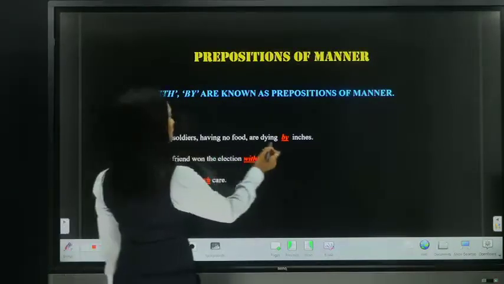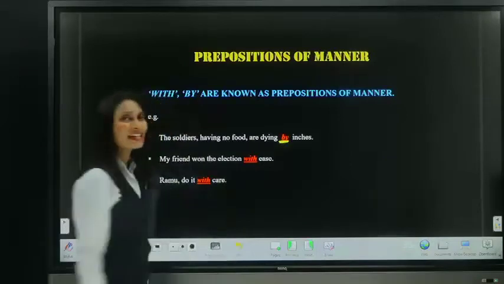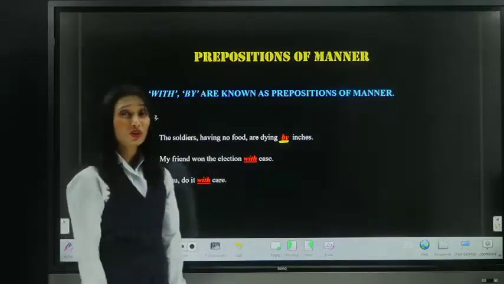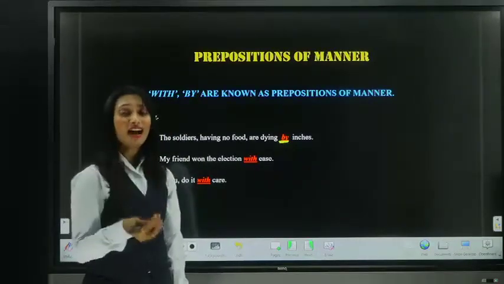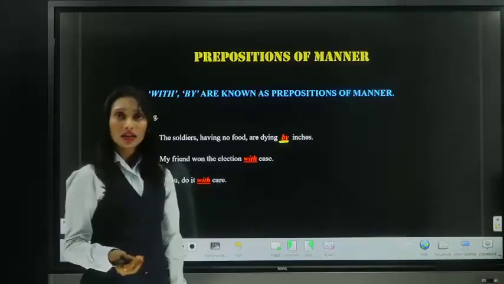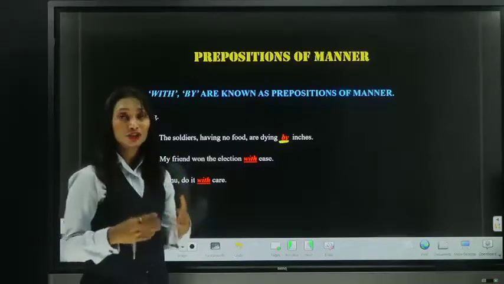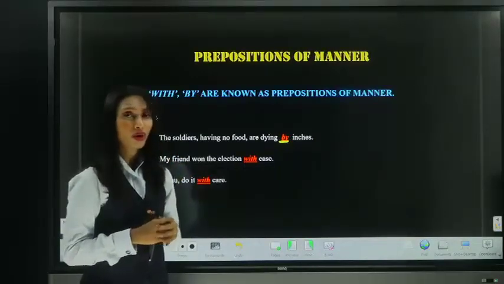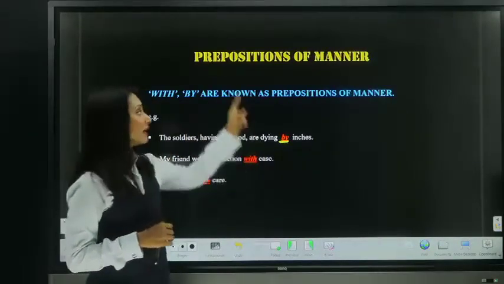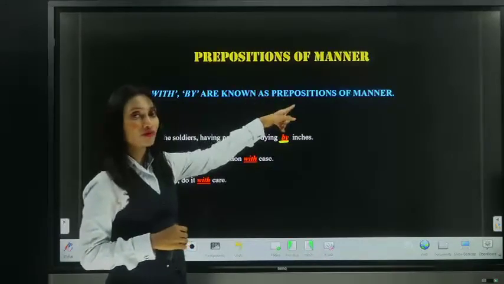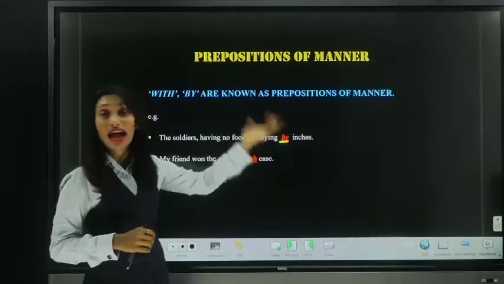The soldiers having no food are dying by inches. Inches means not inch by inch. It means slowly deteriorating. How? By inches. It indicates the manner of an action. It answers the question, how?